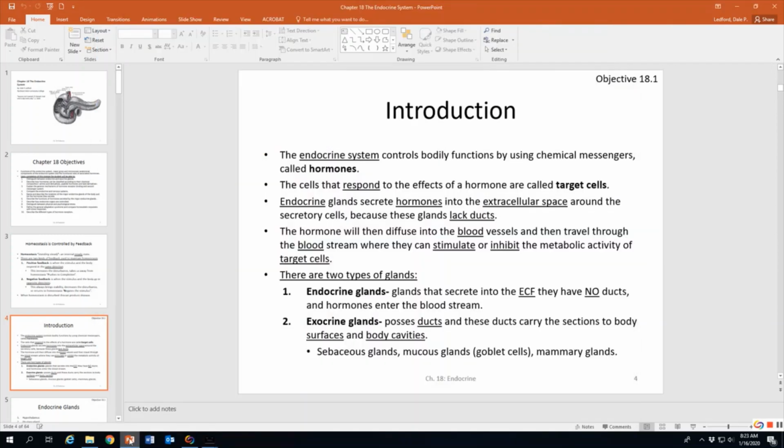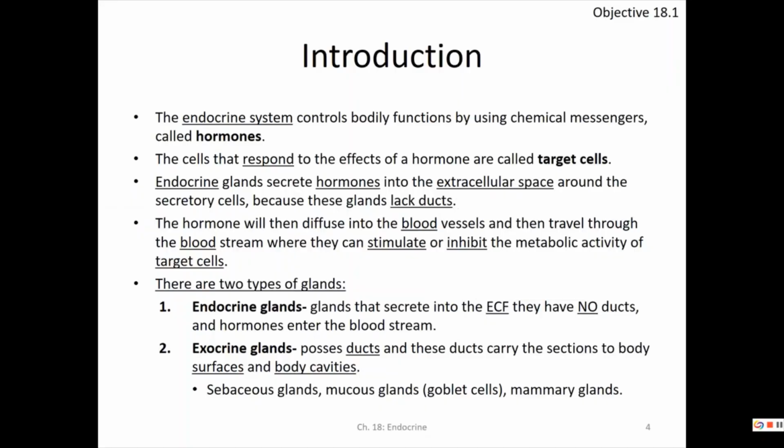As we will see, hormones bind to a target cell. Now an endocrine gland makes that hormone, and it goes into the extracellular space around the gland cells, around the secretory cells of that gland. Why is that? These glands do not have ducts. They are ductless glands, so they have to go somewhere, and they secrete into the bloodstream.